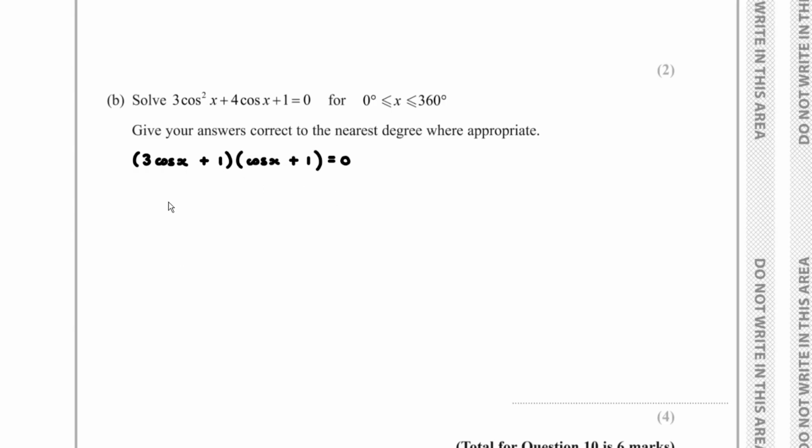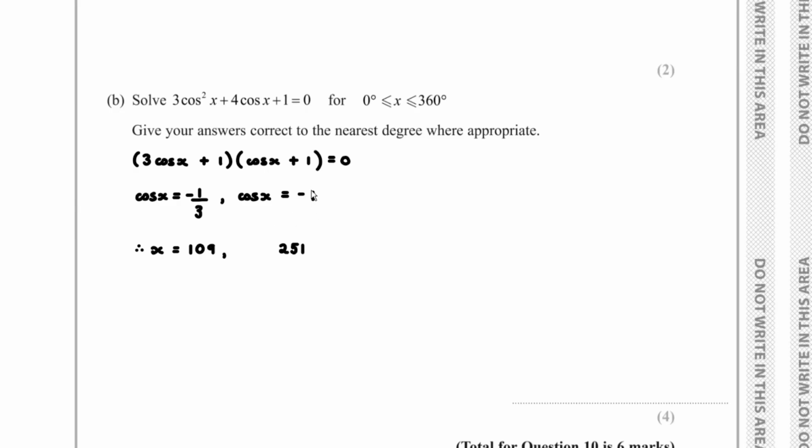So if I solve, I've got 3 cos x plus 1 equals 0, meaning cos x equals negative a third, and cos x plus 1 equals 0, meaning cos x equals negative 1. So now if I solve cos x equals negative 1/3, I will end up with 109 degrees. Now to find the next value, I need to do 360 minus 109, which is 251.